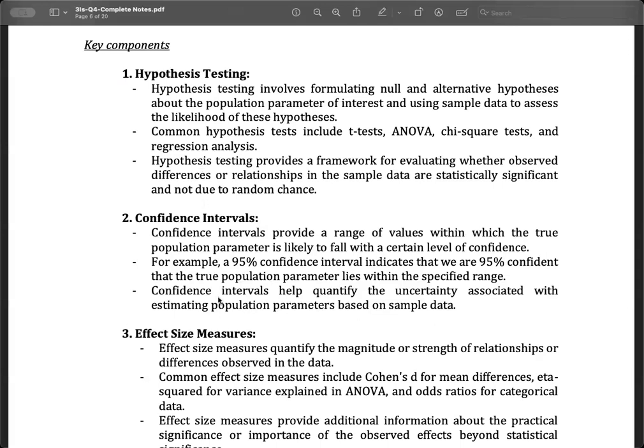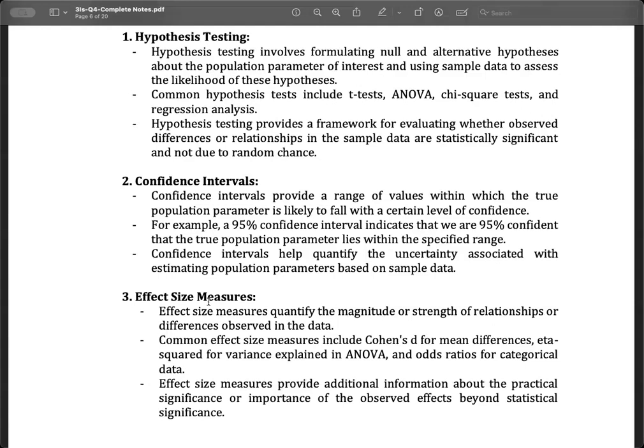All right. Now, another key component that we have to take note of is your confidence intervals. Your hypothesis testing must be positioned according to your confidence intervals. And usually, your confidence interval is researcher identified.